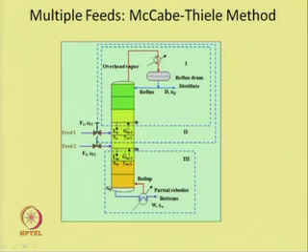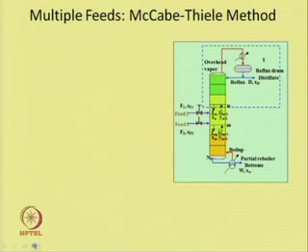There are primarily three sections. Section 1 above the feed tray, and then the second section which includes the feed 1 and then stripping section. Section 1 represents the enriching section, section 2 takes into account the feed 1, and section 3 is for the stripping section.